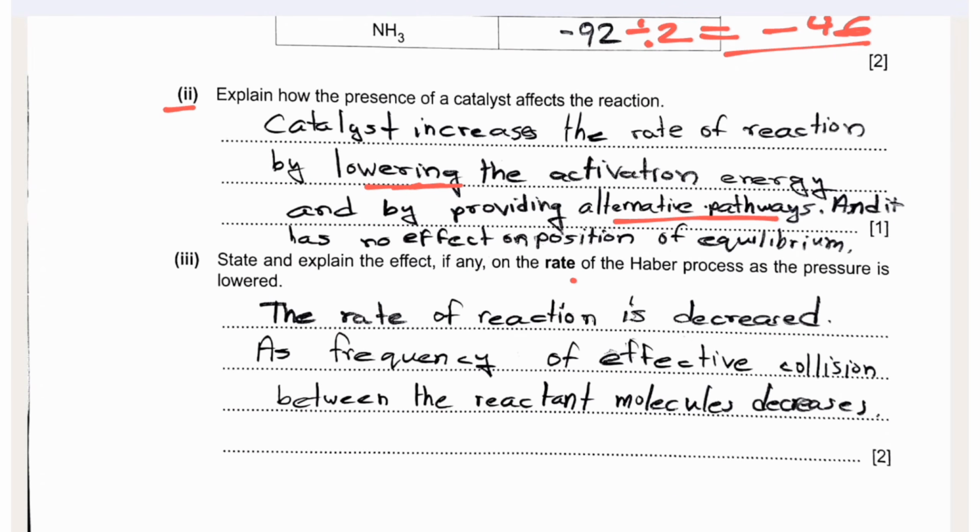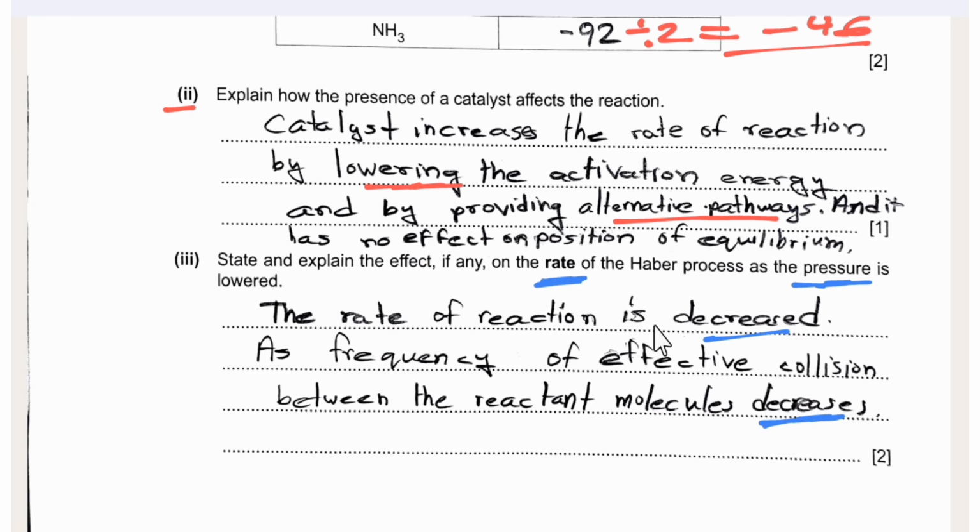But we need to find the rate of the reaction. So what happens to the rate? Since pressure is decreased, the rate of the reaction is decreased, as the frequency of effective collisions between the reactant molecules decreases due to fewer molecules present, less pressure, or more distance between the particles.